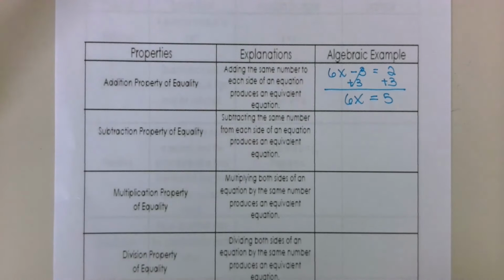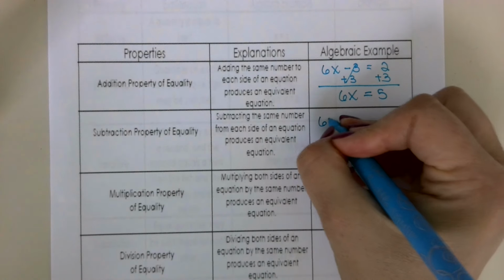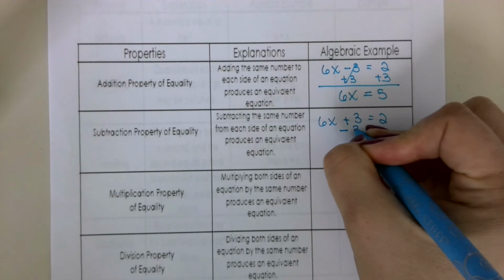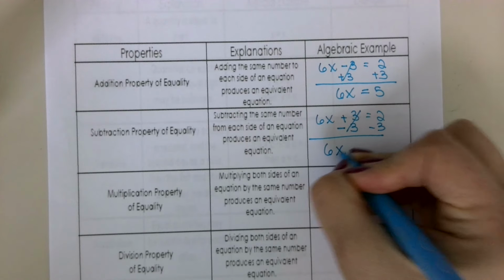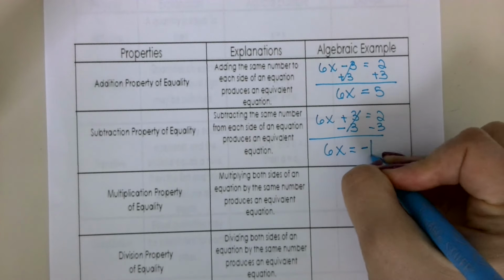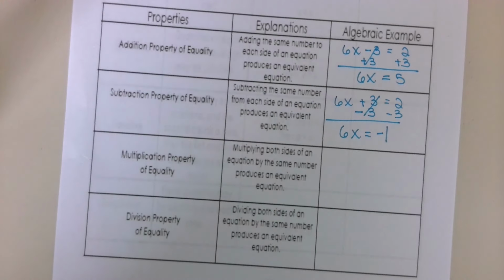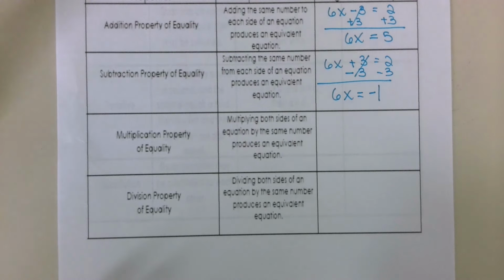The subtraction property of equality is the same kind of idea. I have 6x plus 3 equals 2. If I subtract the same value from both sides, my equation will still be equal, unless I make a mistake and then it's not equal. Anyway, multiplication, same idea.